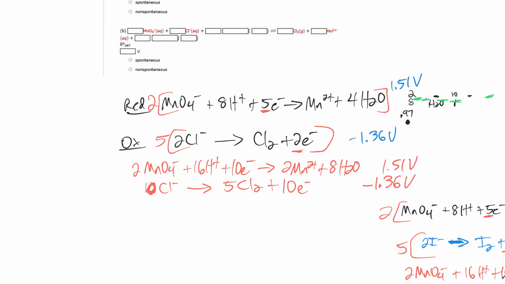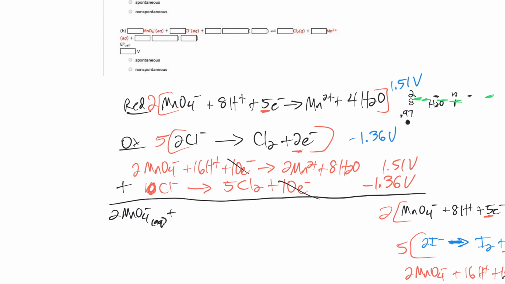Now let's add the two half reactions together, and let's look for electrons to cross out, and they do. Wonderful. We'll write the total overall equation, and we'll include states of matter because Webassign wants us to. The chlorine that they produce is a gaseous chlorine.